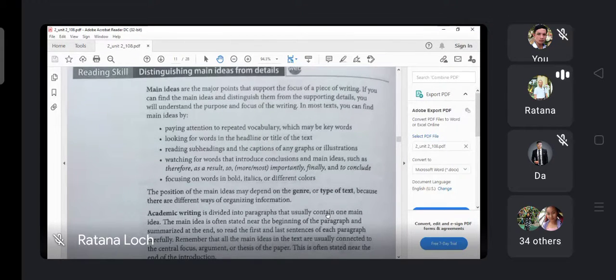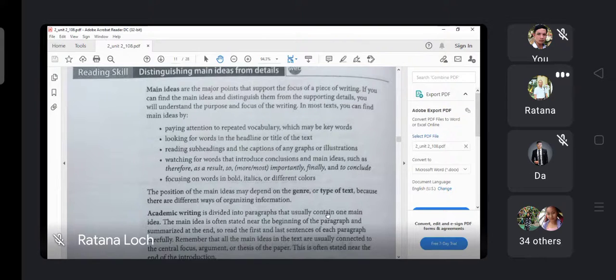When you see these words in the last paragraph or maybe the second to last paragraph, you can remember, oh, that paragraph is the conclusion paragraph. And the last one is focusing on words in bold, italics, or different colors.